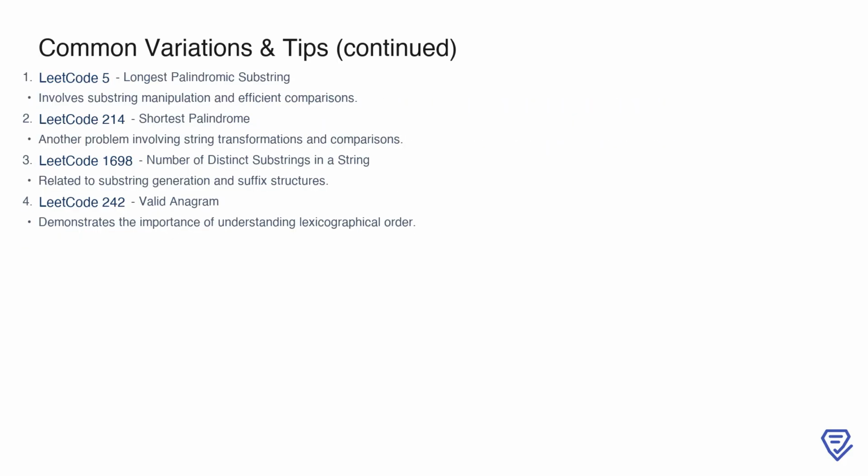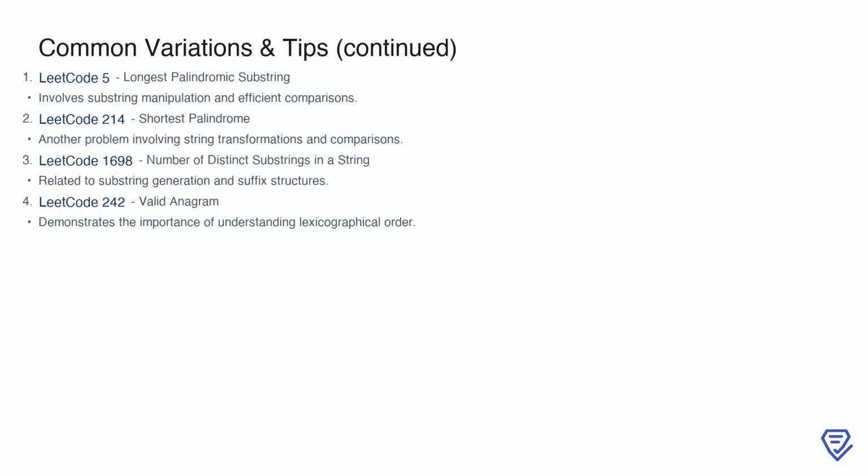To deepen your understanding, you may want to explore related problems that involve string manipulation and suffix-based logic. For instance, LeetCode 5, longest palindromic substring, focuses on efficient substring comparisons. Similarly, LeetCode 214, shortest palindrome, also deals with transformations and string comparisons.